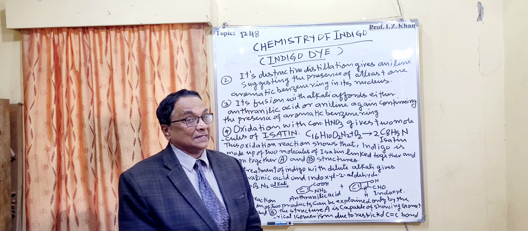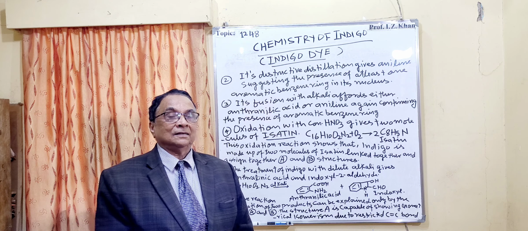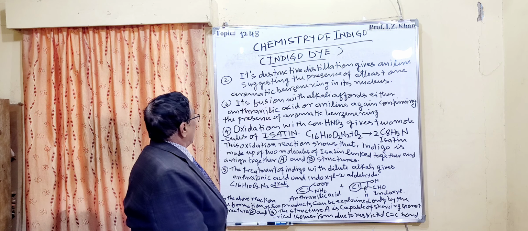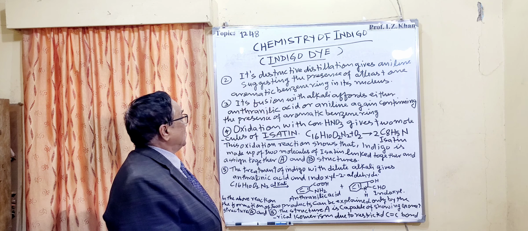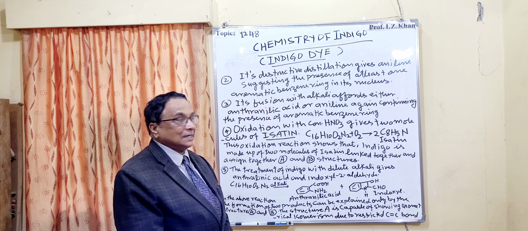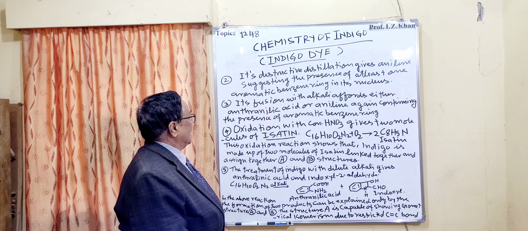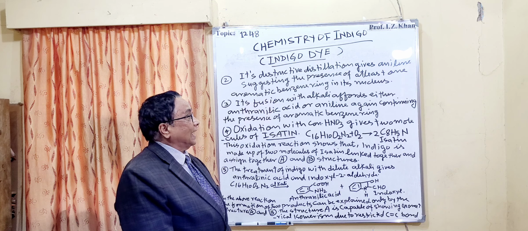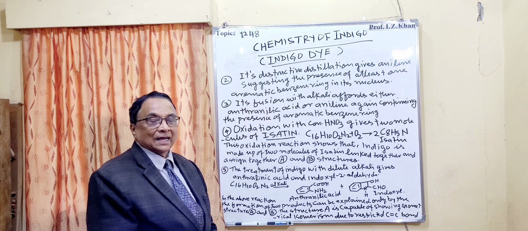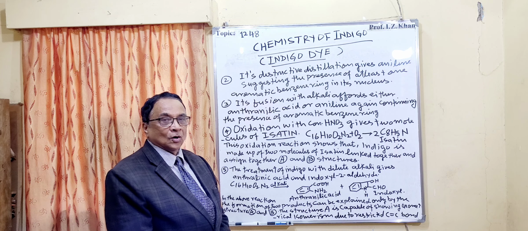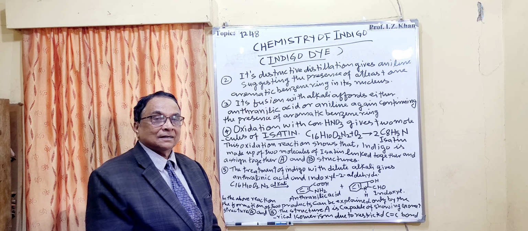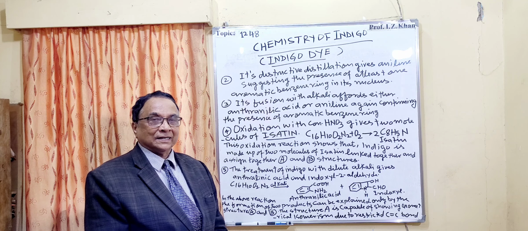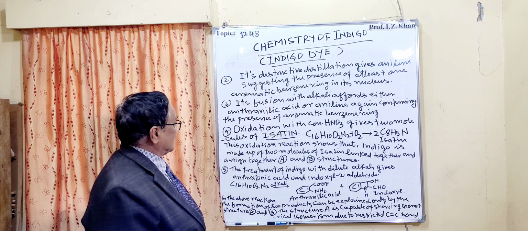If an aromatic benzene ring is not there, we cannot get aniline. Number three, its fusion with alkali affords either anthranilic acid or aniline, again confirming that indigo or indigotin blue dye has an aromatic benzene nucleus.